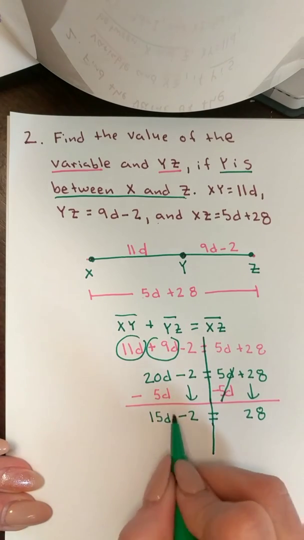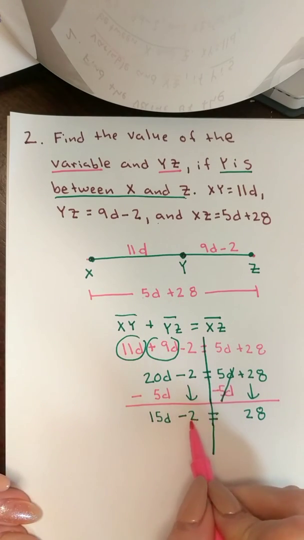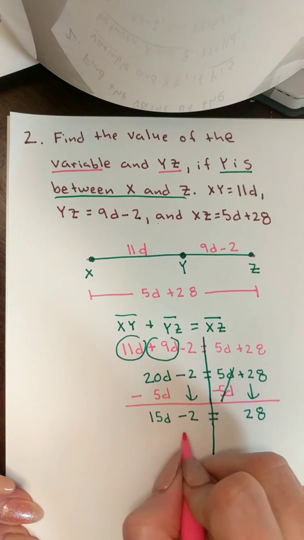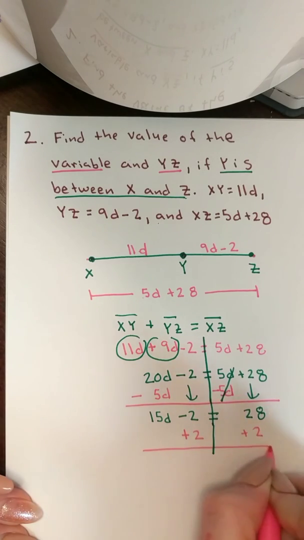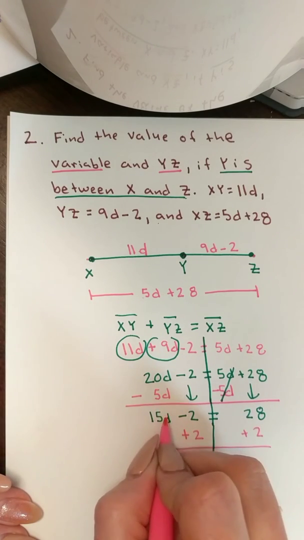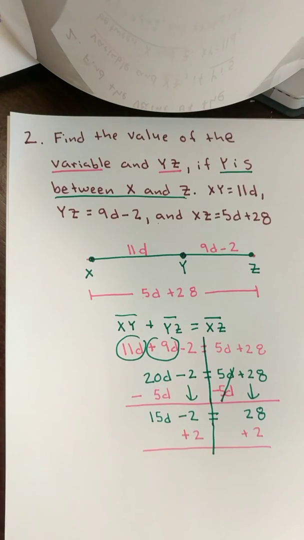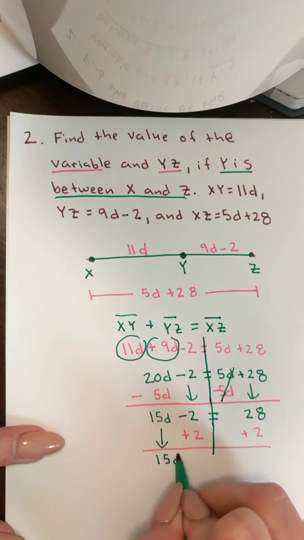Our D is still not by itself. We have a minus 2 with it, so we need to bring it to the other side of the line. Since it's a minus 2, we do the opposite and add 2 to both sides. I can't add 2 to the 15D because this has a variable, the 2 does not. The 15D comes down.